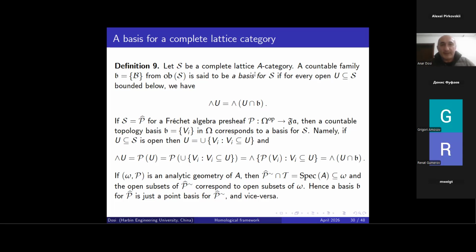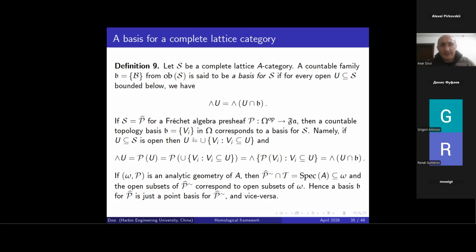Anyway, we have a complete lattice category again, so we know what that is. Again, we need to select some countable family of objects. It is said to be a basis if this happens: the infimum can be taken by means of elements of the base from this category U.